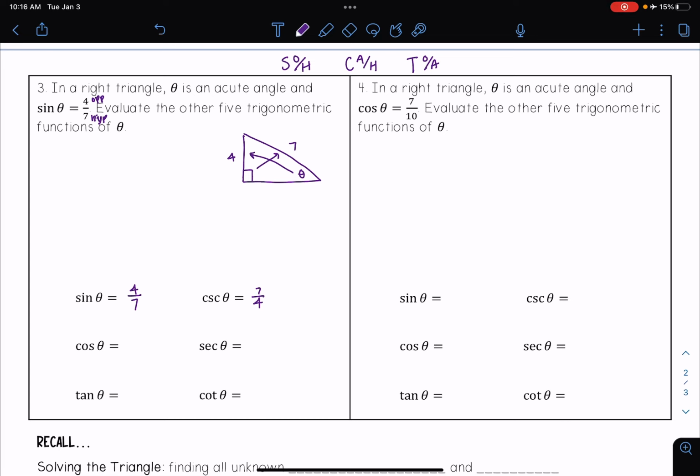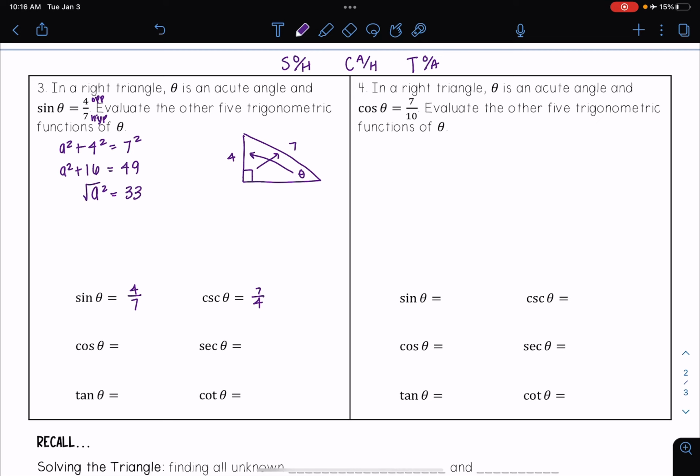To find that adjacent side, I need to do a squared plus 4 squared is equal to 7 squared, since 7 is my hypotenuse, that's always going to be my c squared. So I have a squared plus 16 is equal to 49. When I subtract 16 from both sides, I get that a squared is equal to 33.